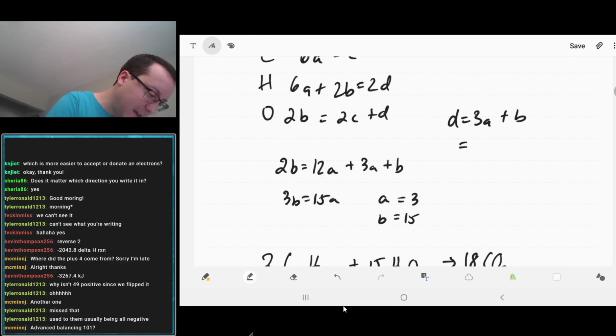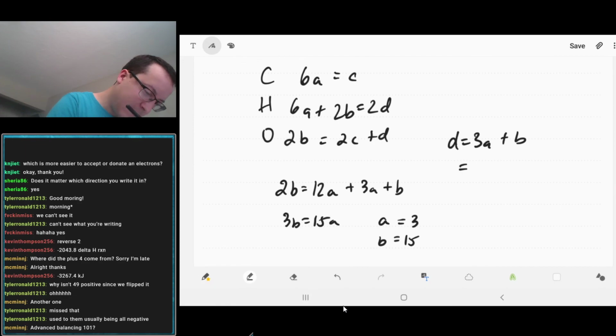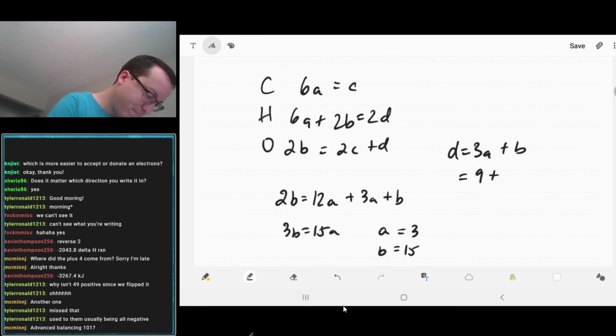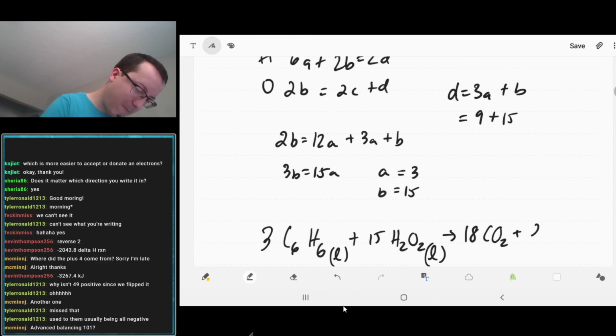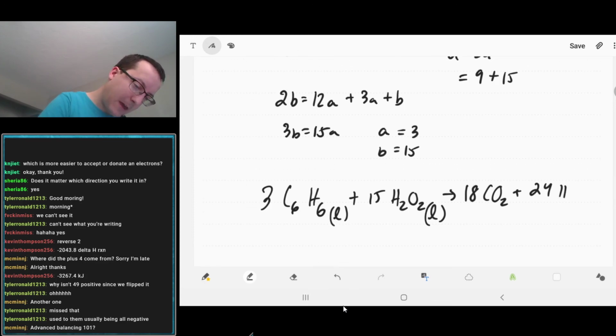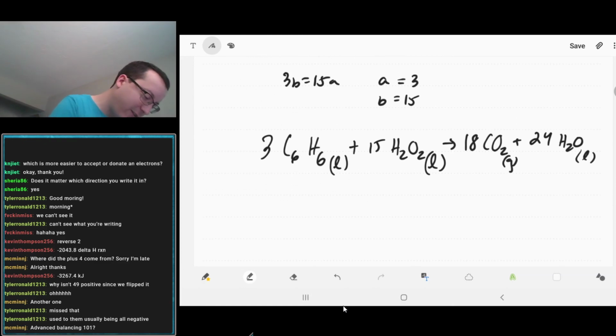So let's see. Why can't I think of this? 9 plus, what did I say B was? 15, which is 24. Okay. Hey, look, doing my way, I need to fix this still. How utterly annoying. They can all be divisible by 5 or 3.